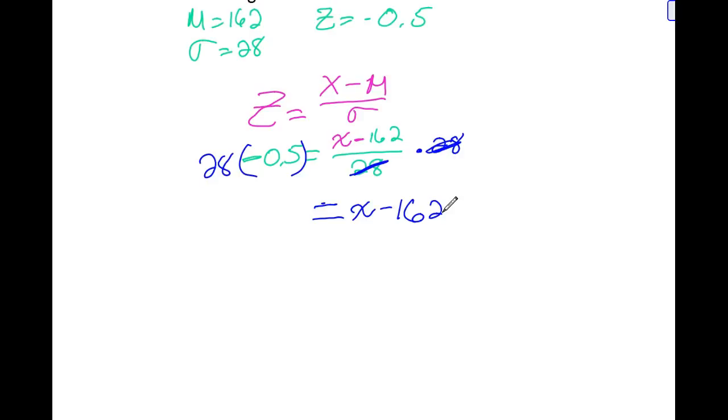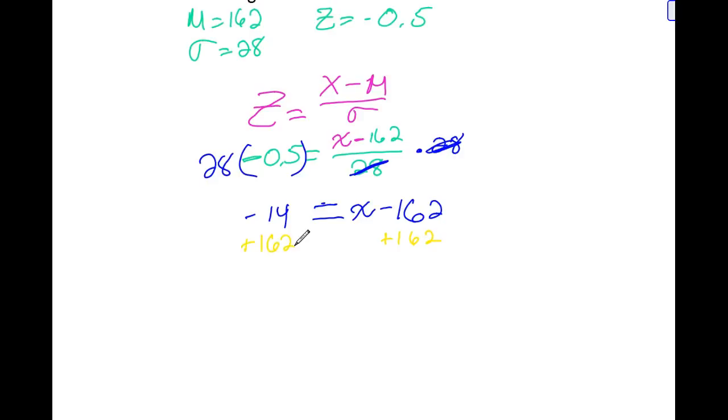On the left-hand side, I need to multiply 28 times negative 0.5, which is basically saying 1/2 of 28, which will leave me with negative 14. Now, I still need to get x by itself, and I have x minus 162. The opposite of subtracting 162 is adding 162 to both sides.